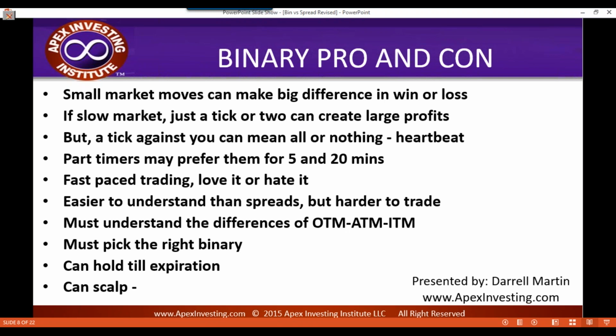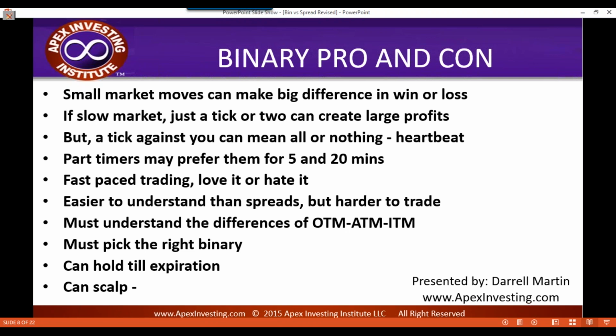Now, binaries are a little easier to understand than spreads because they're very simple. It's either yes or no. But they can be a little harder to trade because you do have optionality built in, and you have to be right exactly by the time of your expiration. If you're wrong by just 1/10 of a tick, it can mean the difference of all or nothing.